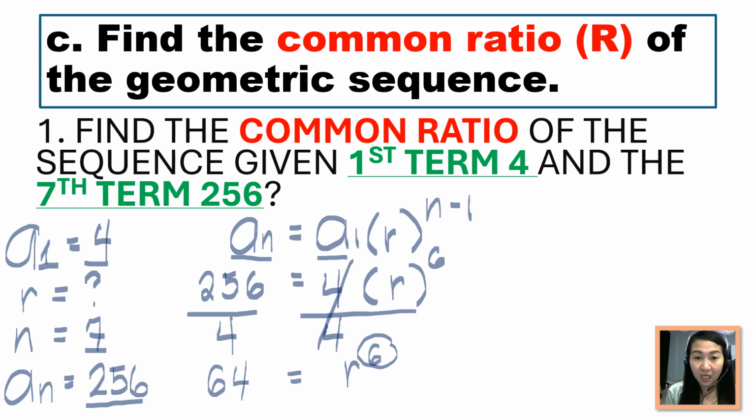To cancel the exponent 6, you have to raise both sides to the opposite or reciprocal value of your exponent. What is the reciprocal value of 6? The reciprocal value of 6 is 1 over 6, because the denominator of 6 is 1.